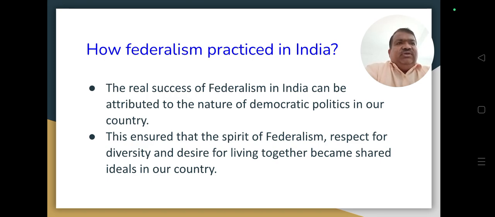We respect the government of India, and the governments at the state level respect the diversity, and both of them, central government and state governments, desire for living together. These are some of the ideals which both the governments will follow and share with each other.